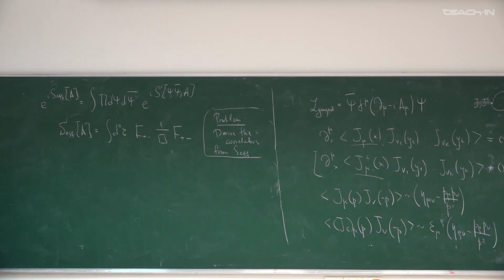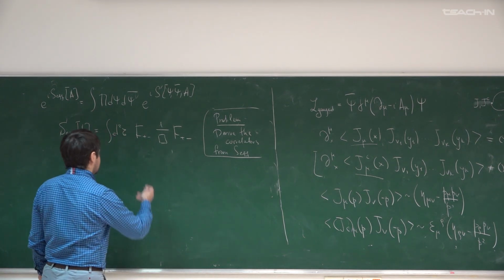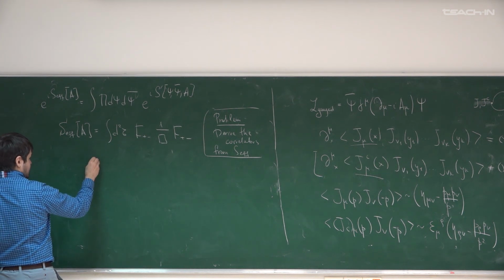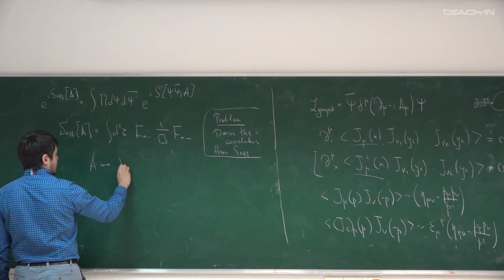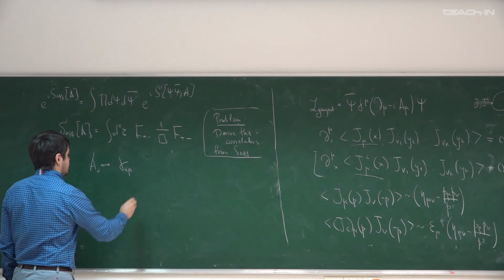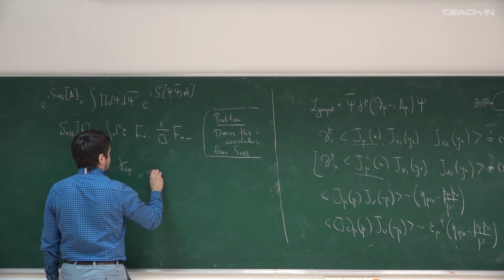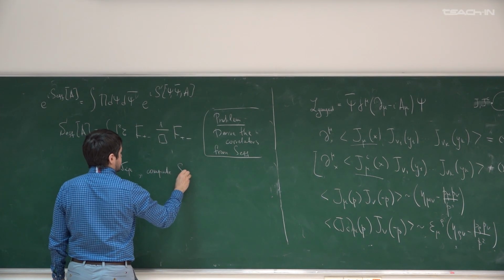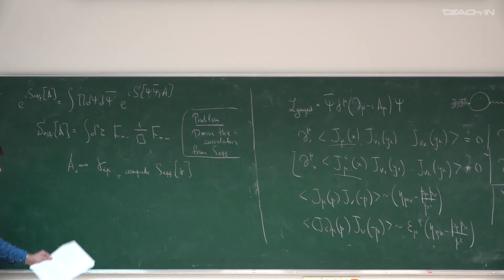The idea is that we can then replace A_alpha with our metric gamma_alpha beta, and compute the effective action of the metric. Then we will see whether this effective action is Weyl invariant or not. Okay.